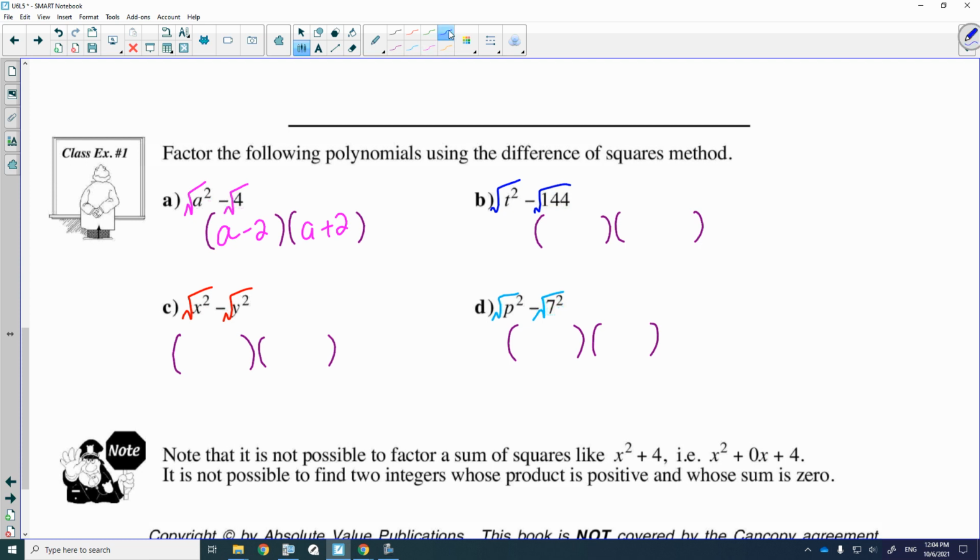Caleb H, do you have that one done? Okay. Caleb B, do you have it done? Yep, t minus 12, t plus 12. Okay, C, Jackson, do you have that one?